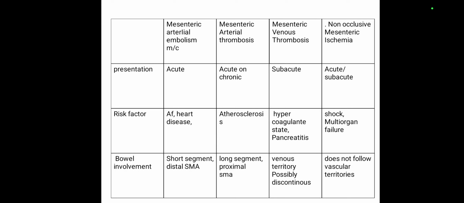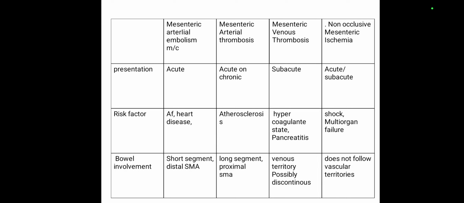Complication of pancreatitis. Then non-occlusive mesenteric ischemia means there is global hypoperfusion to the entire segments of bowel. So it could be acute or subacute in a patient with shock or who is having hypoperfusion. It can be due to shock, multi-organ dysfunction, or there can be hemorrhage. Maybe he's on some vasopressors, vasoconstrictors.